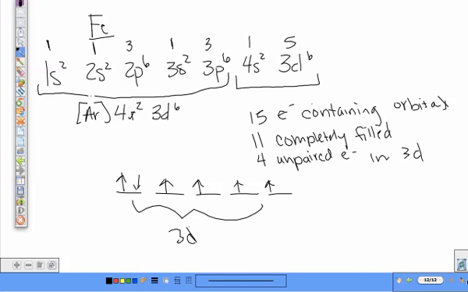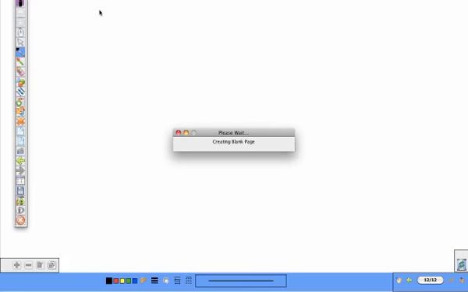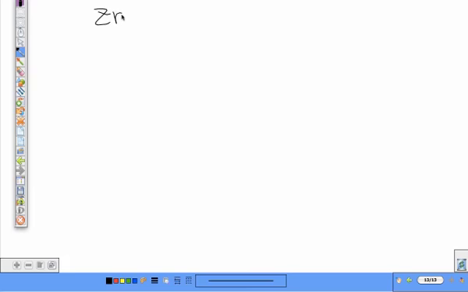Okay, we're going to do the same thing for zirconium, number 40. So you guys tell me what the electron configuration would be. Where would we start? The lowest energy level possible is 1s2.